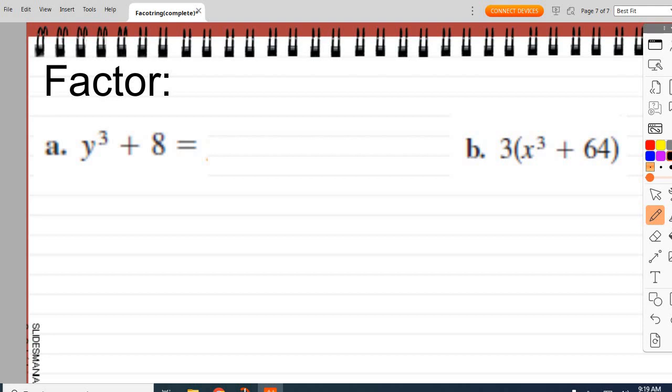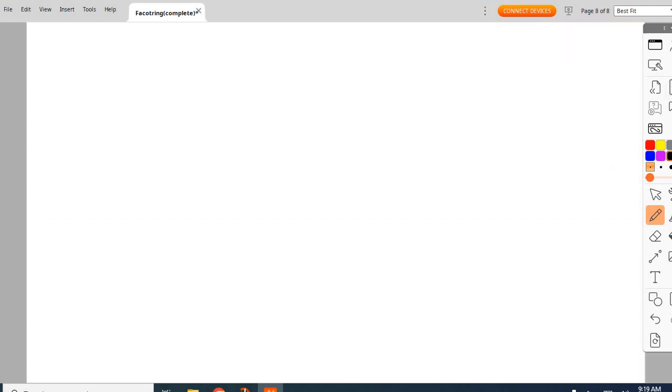Alright, we're going to go ahead and skip on. I did want to do one last example with grouping, okay? We looked at one where we broke it apart, but anytime that I have more than 3 terms, the only method that is going to work is factoring by grouping.